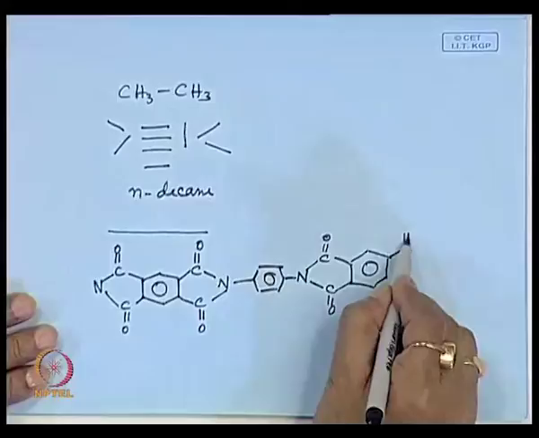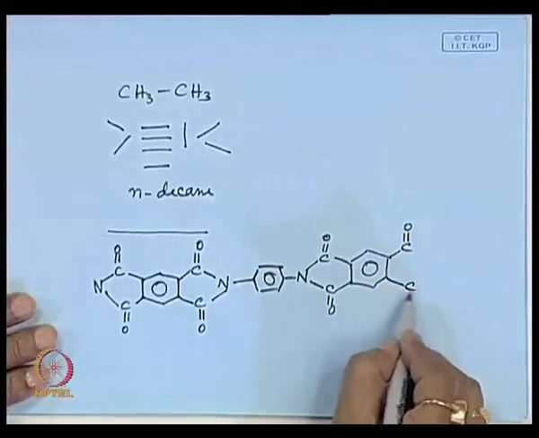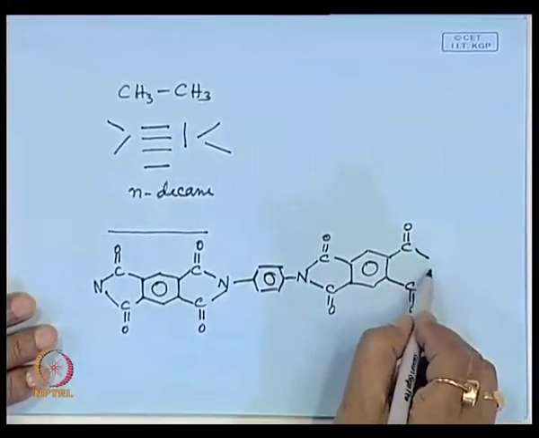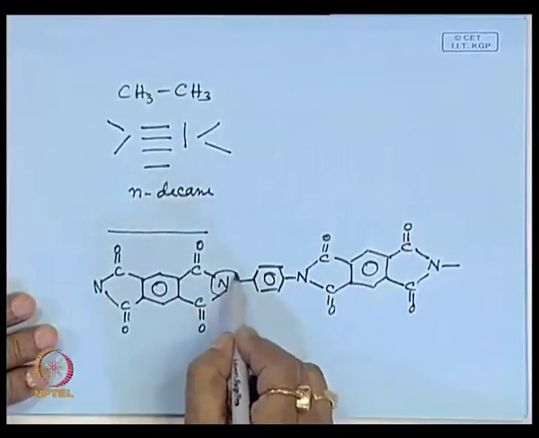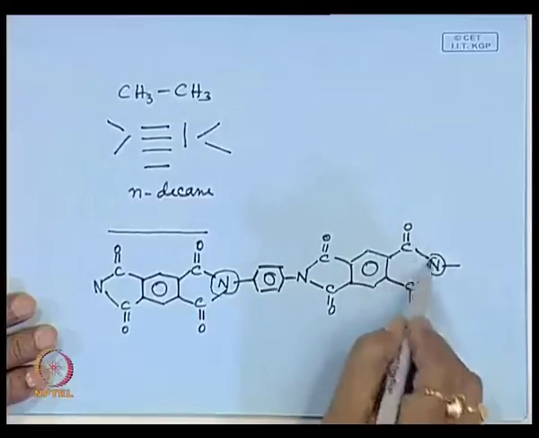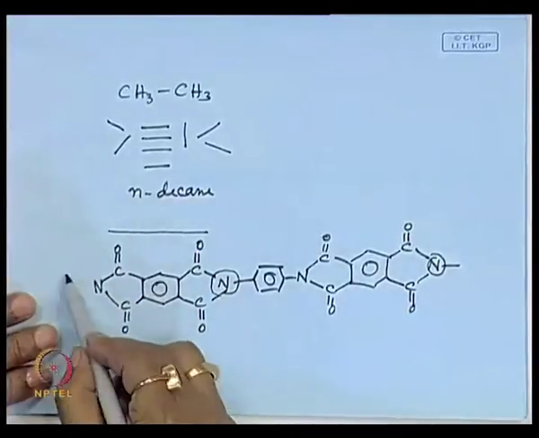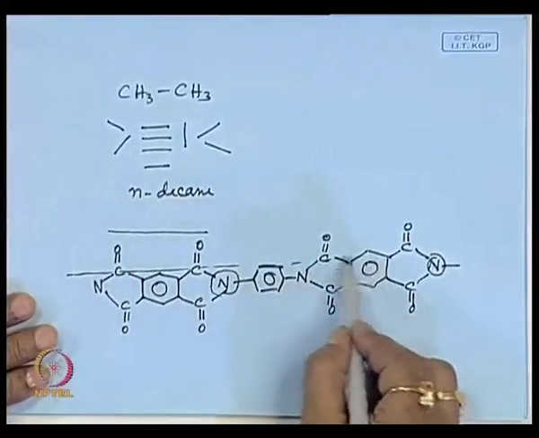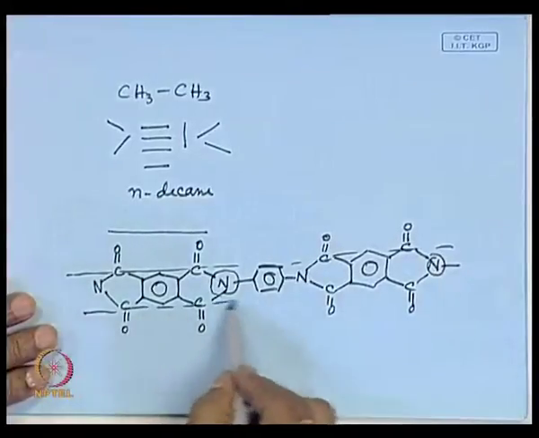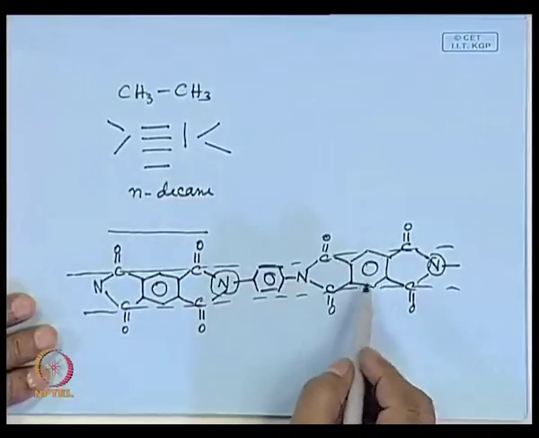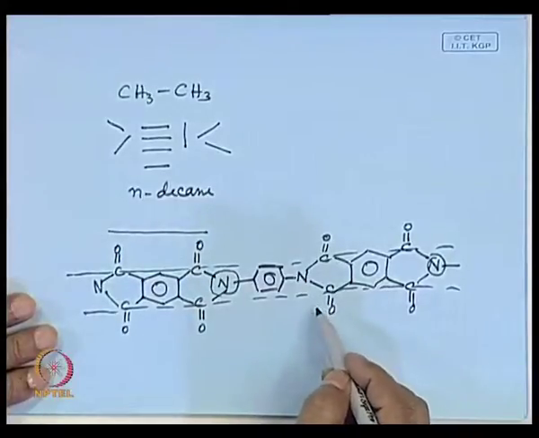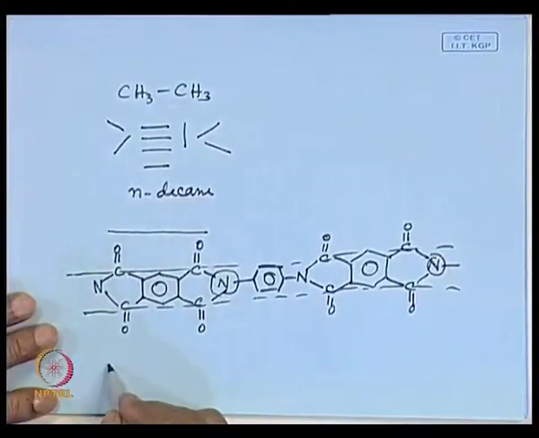We can go on increasing the length of this molecule on both sides. This is the imide linkage, this is the imide ring, this is the benzene ring. So this molecule, you see, is a double strand polymer containing such ring configurations. Now, this is a rigid type of molecule as compared to a simple carbon skeleton polymer like polyethylene.